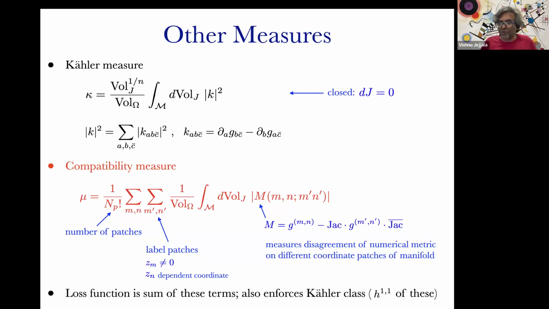And then we also need to ensure that we remain in the same Kähler class we start out with, because Yau's theorem tells us about the flat metric within a given Kähler class. So all of these features we want can be encoded in a loss function, and the loss function will vanish when all of these features are satisfied.